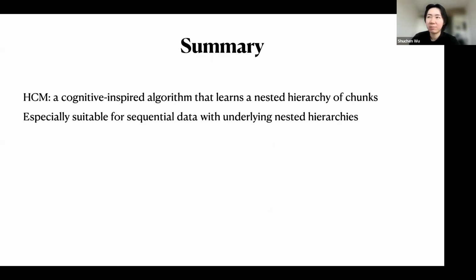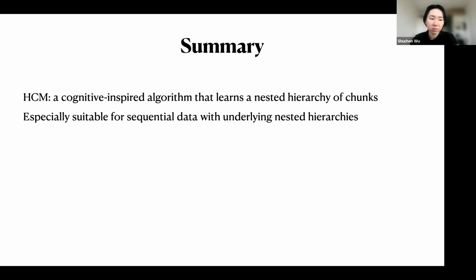The good thing about this nested hierarchy is that the algorithm is especially suitable when the underlying observational sequence contains nested hierarchies. My hypothesis is that most perceptual sequences contain such nested hierarchies, which can render this chunking strategy very useful for cognition and behavior.